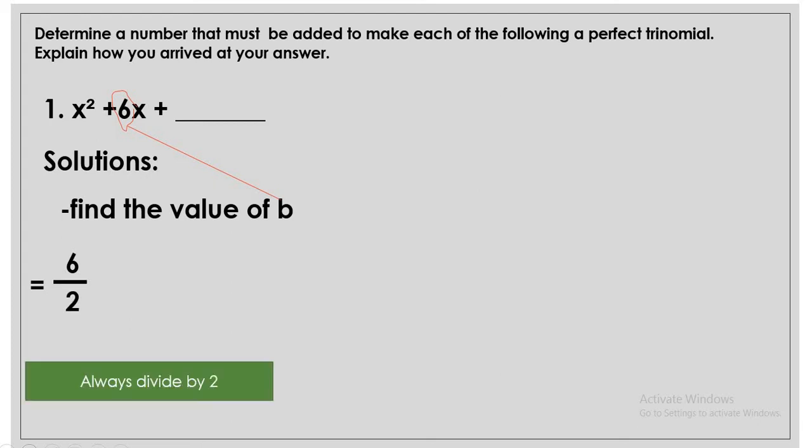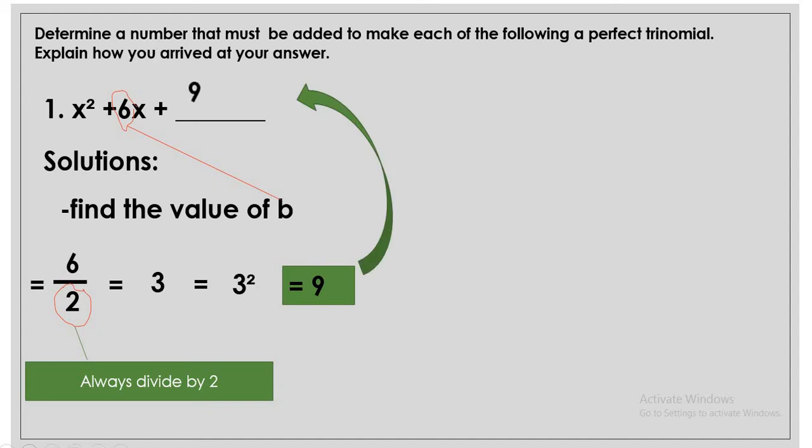Always divide by 2, meaning any value of b will be divided by 2. So 6 divided by 2 is 3, and we will square the 3, which is 9. So the missing number is 9.